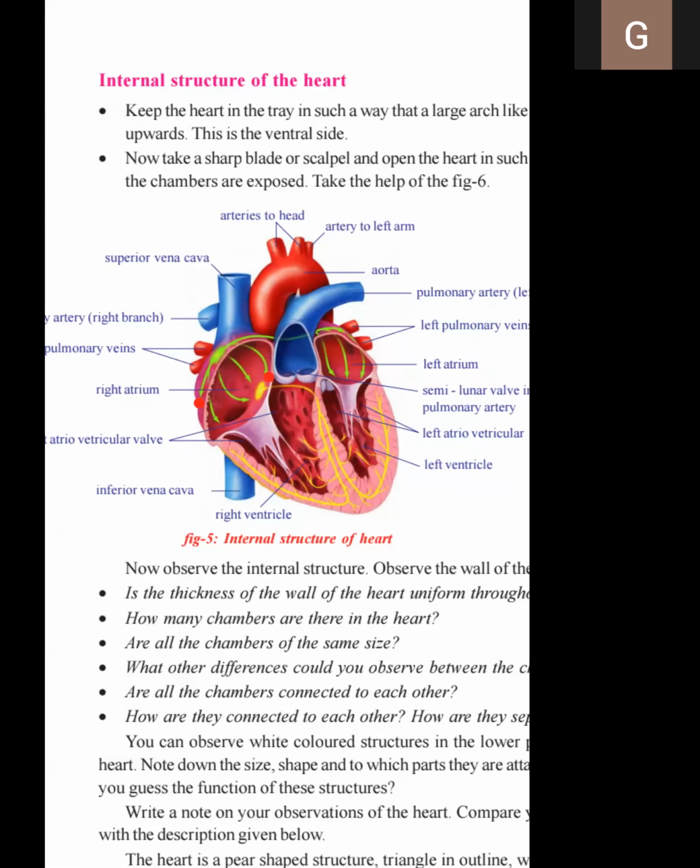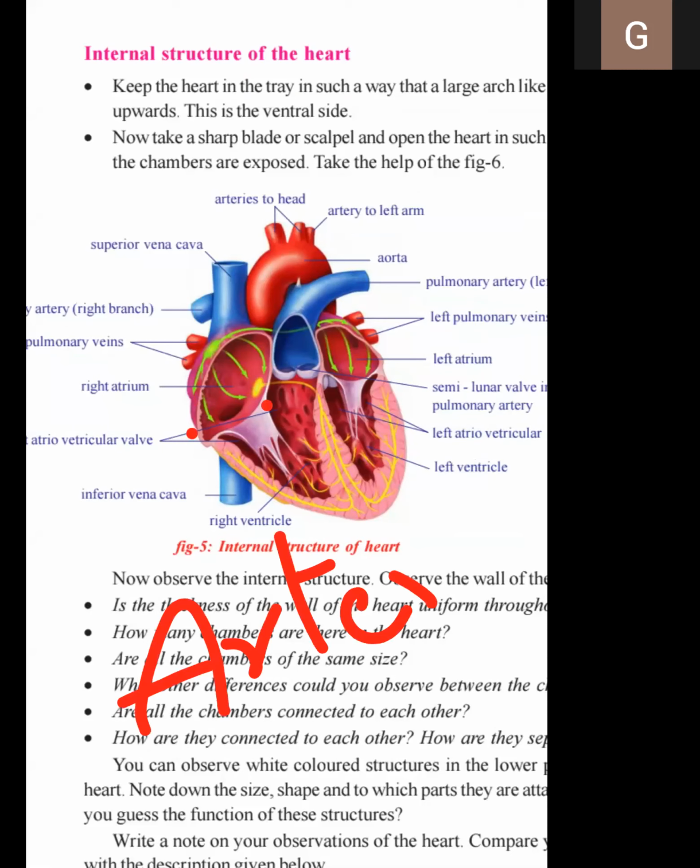Generally you keep in mind that arteries carry the blood away from the heart. Veins bring the blood towards the heart. How can you remember it? Arteries: A means away.